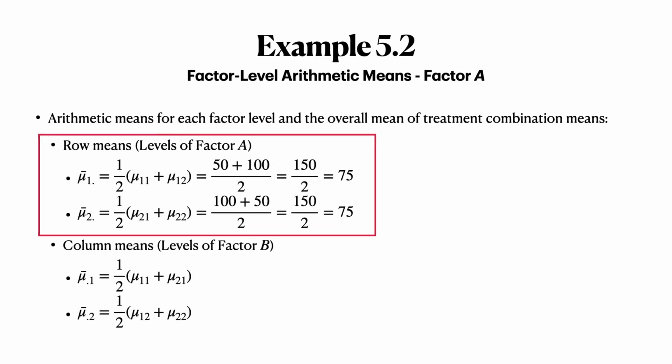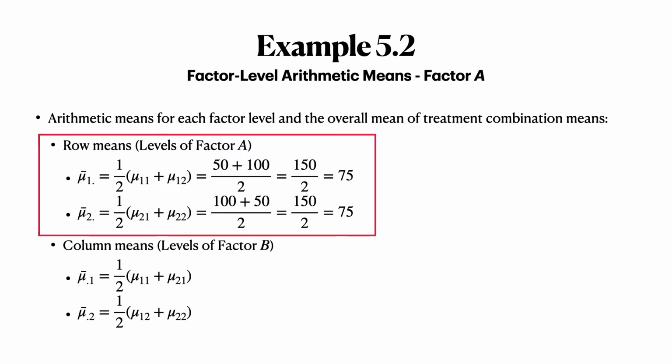We will start off first by calculating some means. We're going to be calculating arithmetic means for each factor level, as well as the overall mean of the treatment combination means. Let's start off by calculating the row means.